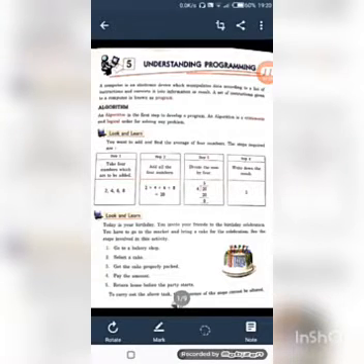Algorithm is a step-by-step process of how to solve a problem. For example, just like making a recipe, I ask you how do you make Maggi? So what will you say? First of all you will take a pan, put 1 glass of water inside it, switch on the gas and put that pan of water over the gas.